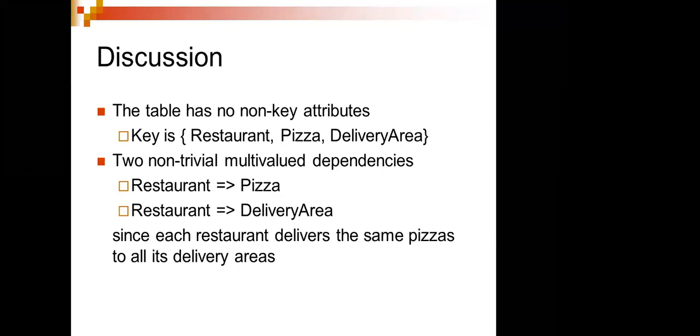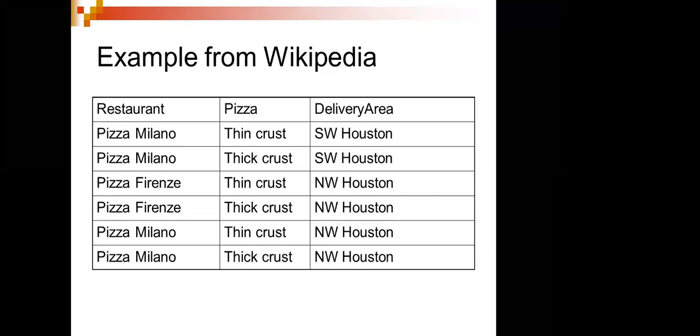That means restaurant determines pizza, restaurant determines delivery. I can have the restaurant supplying pizza, or the restaurant that has most of its items delivered in so and so place. Like this I'll be trying to go with this particular problem.